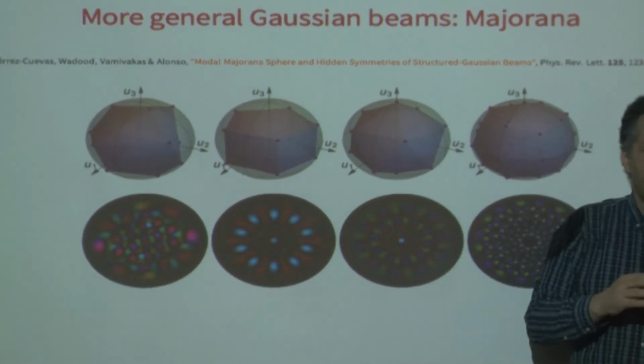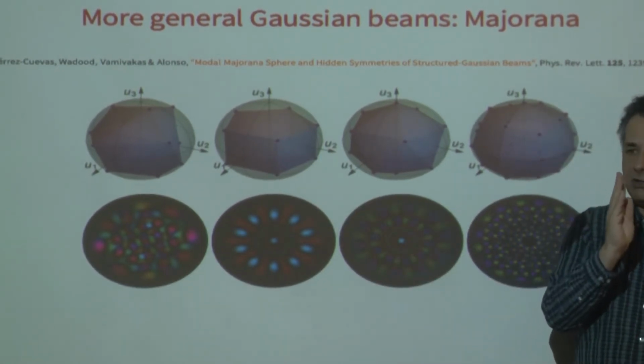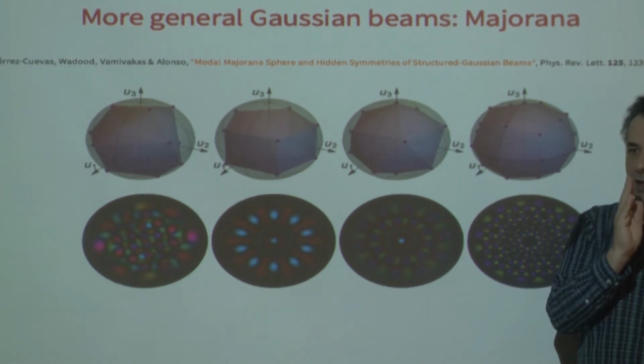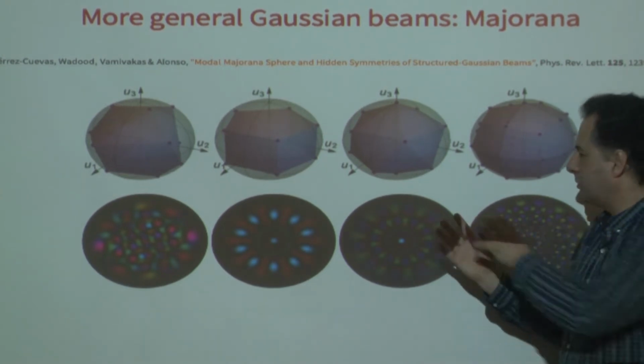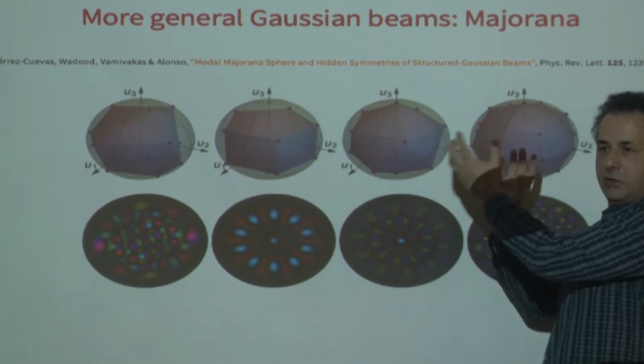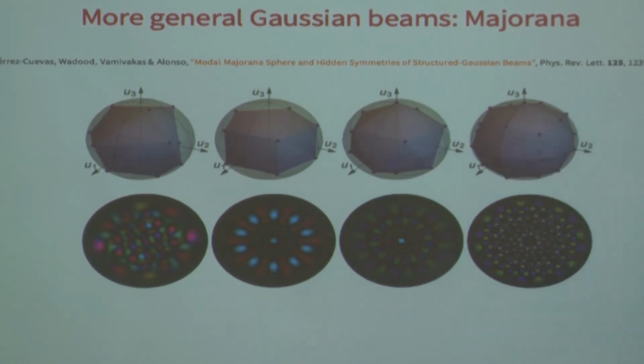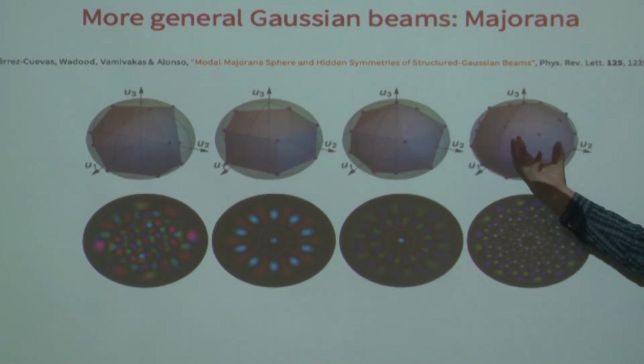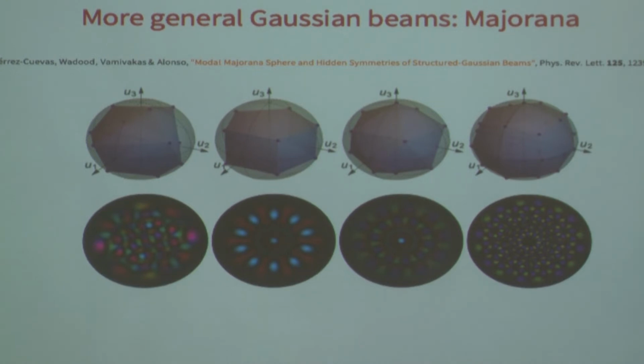The equivalent of birefringence is an appropriate combination of cylindrical lenses that has the effect of taking the spheres and rotating them around. So there are some inherent symmetries hidden in this abstract representation of the beam, what the beam is going to do when you use astigmatic systems with cylindrical lenses.